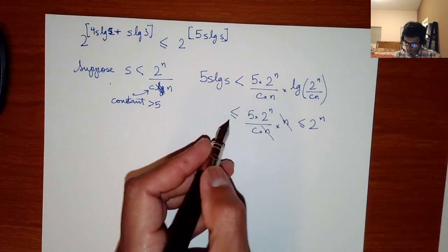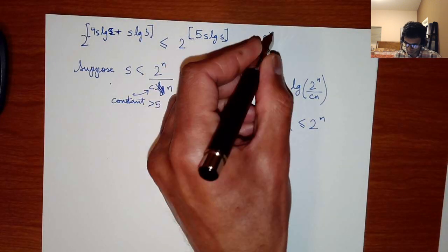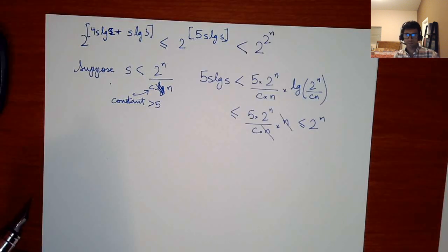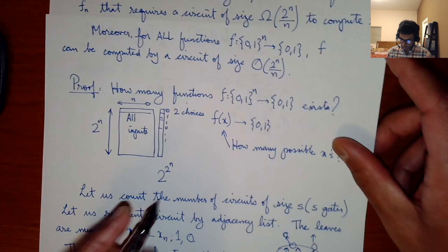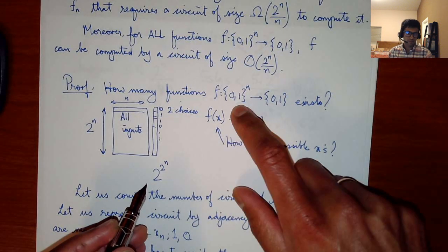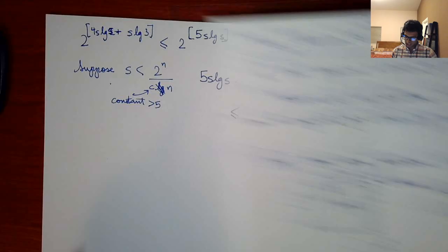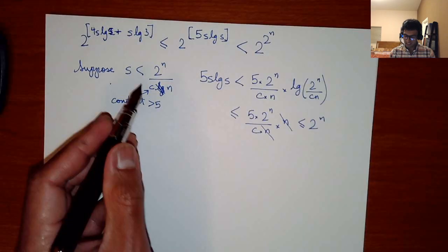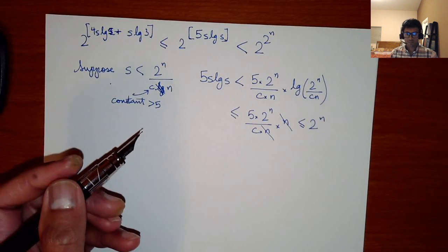What this means is when I plug this bound in, the number of circuits is strictly less than 2 to the 2 to the n. And remember, we said there are 2 to the 2 to the n functions of n-bit variables.